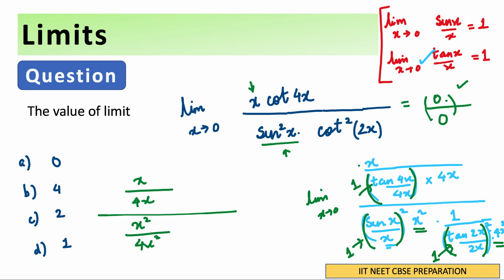Now x and x get cut, x square and x square get cut, and the 4 from the denominator will go into the numerator. So finally we have 4 by 4, which gets cancelled, and what we get is 1.